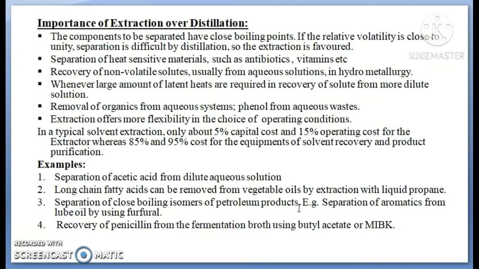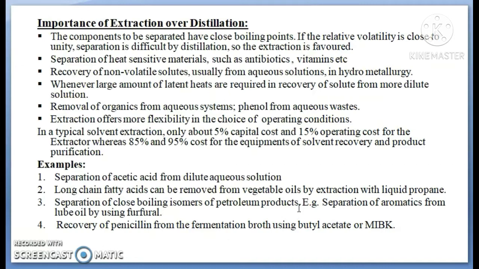So we have some examples, such as the separation of acetic acid from dilute aqueous solution. Second, long chain fatty acids can be removed from vegetable oils by extraction with liquid propane. Then the separation of close boiling isomers, particularly in petroleum products, for example, separation of different aromatics from lube oil by using furfural as a solvent.